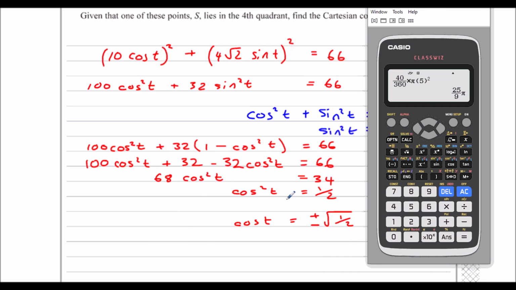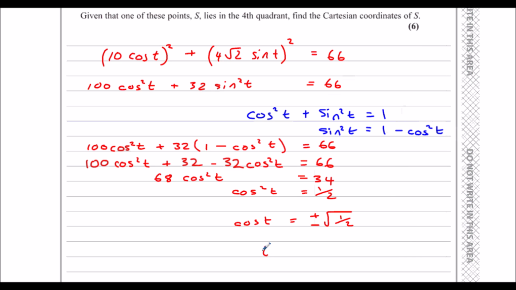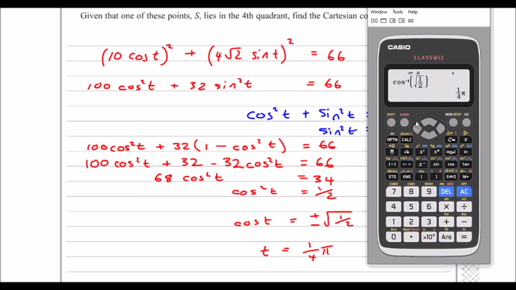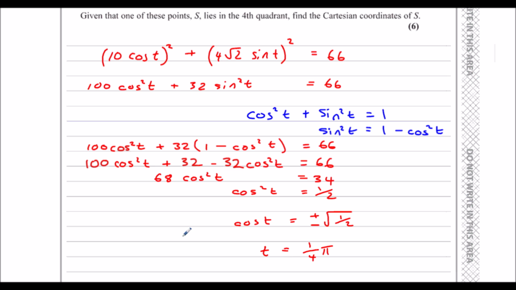So let's grab a calculator. Shift cos of root 1/2 is 1/4 pi. Or shift cos of the negative root of 1/2 is 3/4 pi.